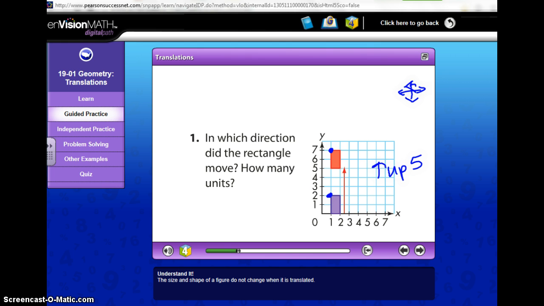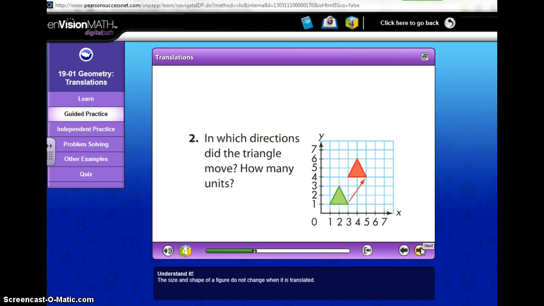Now, as we get into some more examples, we're going to move diagonal, which is a little bit trickier. Okay? So first of all, put a dot in one of your corners. It doesn't matter where. Okay? Same place.